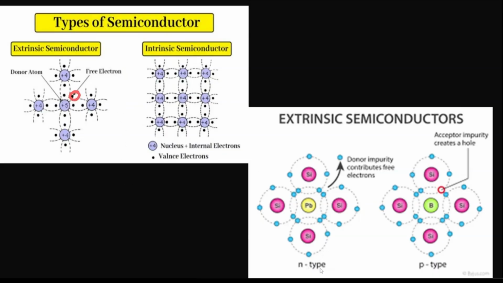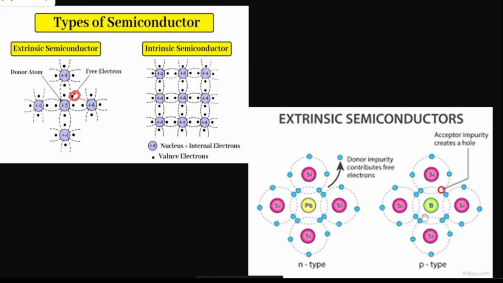And there are two types, as we have already discussed: N-type and P-type. In N-type, there is an extra electron because the atom has 5 valence electrons.